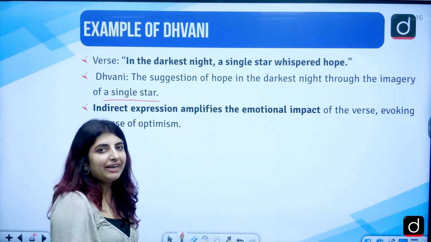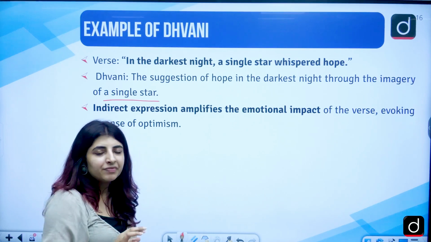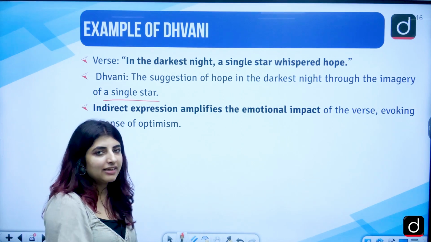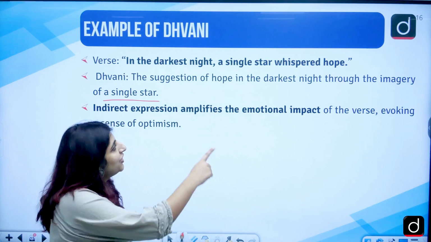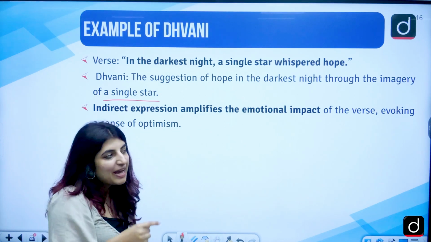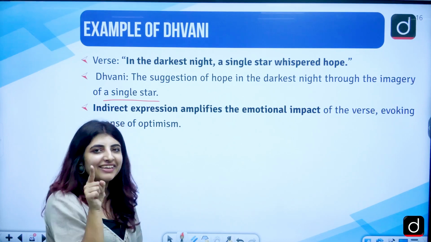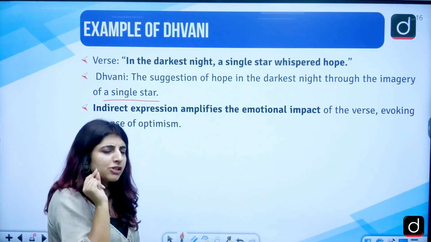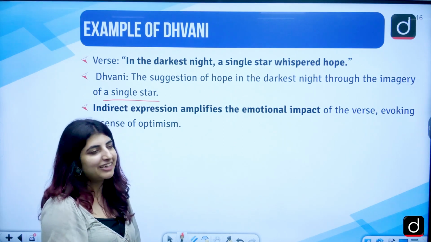Even one bright light or one kind gesture of someone can make us feel at ease in our darkest times. So this is what has been suggested through the usage of a single star whispered the hope, which you are lacking. But even if you are seeing the minute detail that yes, I do want to crack NET JRF, if there is only one small reason as well, which is hopeful for you, you all will be able to do it, right?